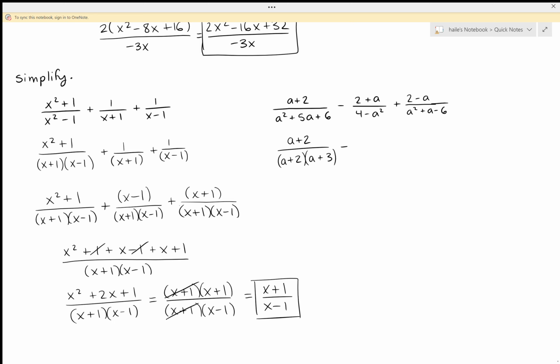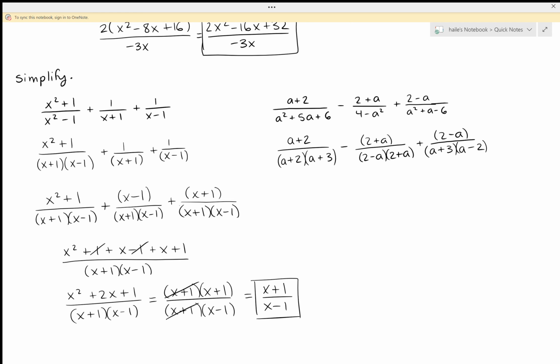Okay, minus 2 plus a over (2 minus a)(2 plus a) plus (2 minus a) over a will go in each factor, and then to get positive a in the middle, we can do 3 and 2 again, but the 3 better be positive and the 2 better be negative. All right, so that's our fully factored form so far.